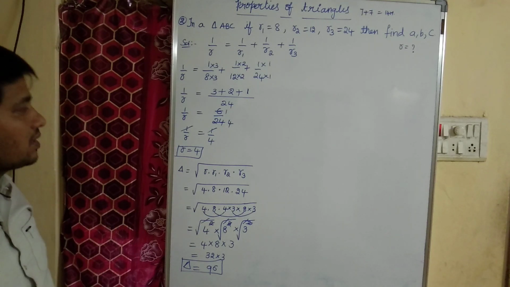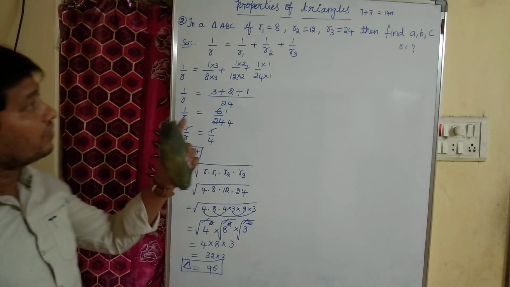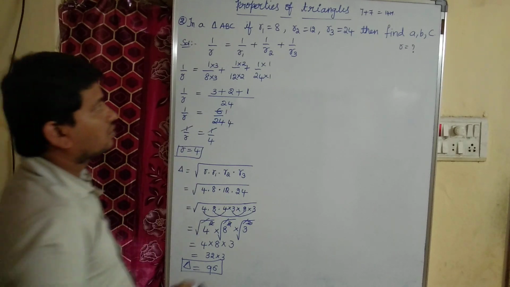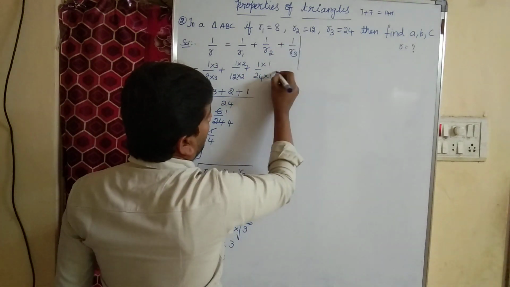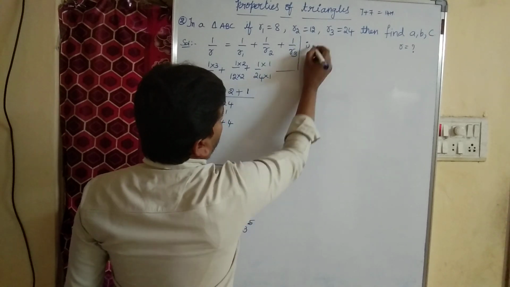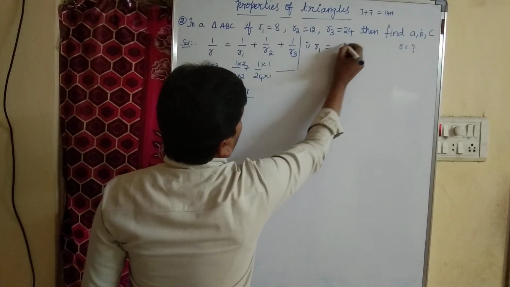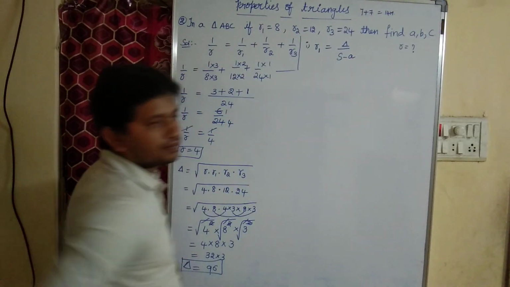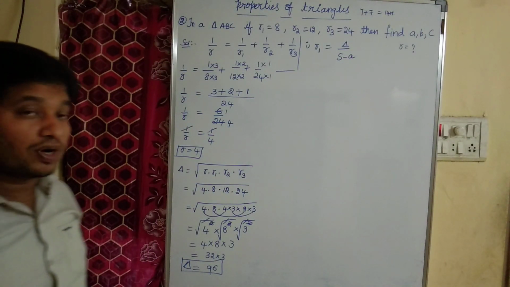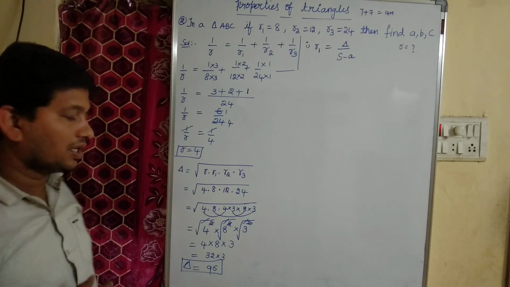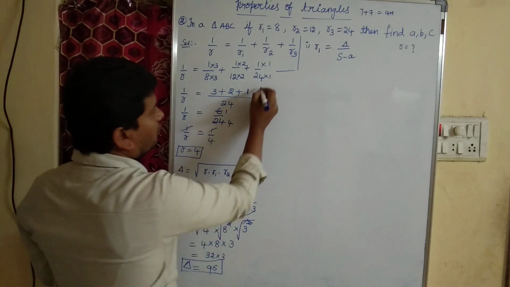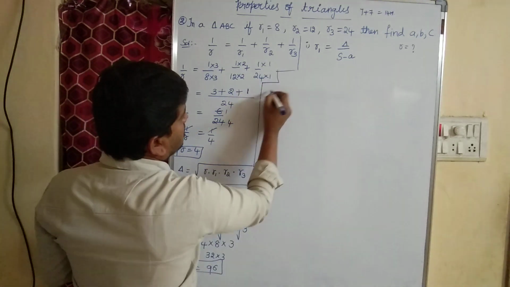Now we have to find the A value, B value, C value, right? As we know, R1 equal to delta by S minus A. What is the formula? R1 equal to delta by S minus A. The thing is, first of all we need to find the S value. What is the formula for small r?